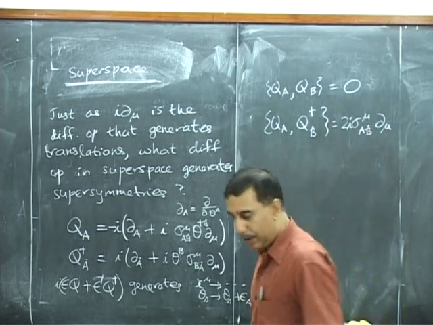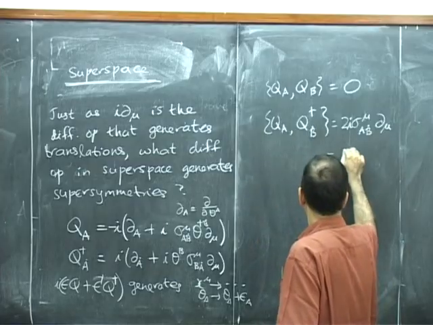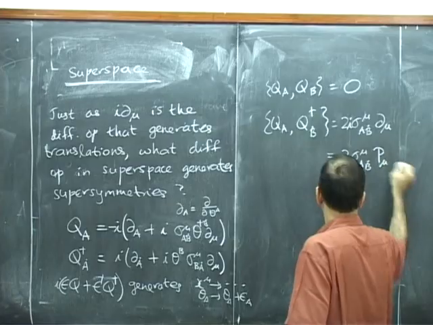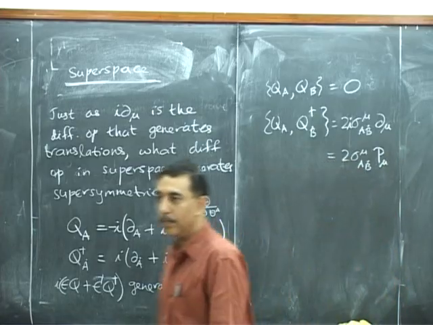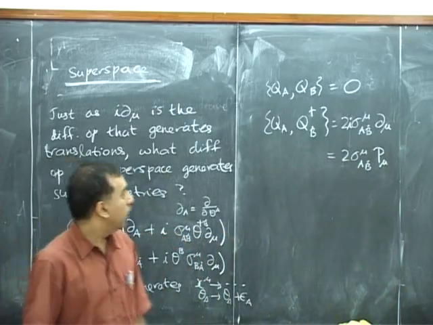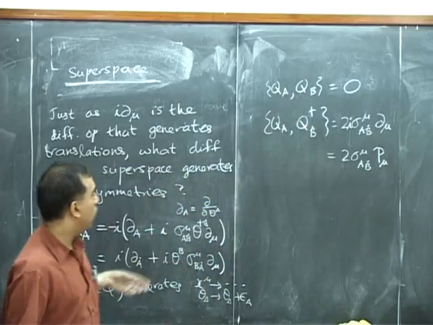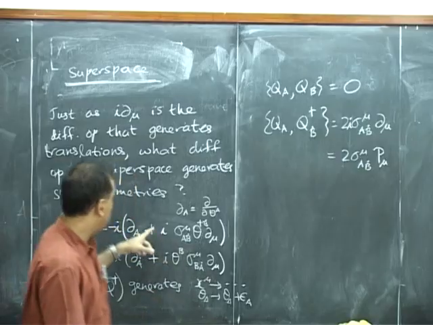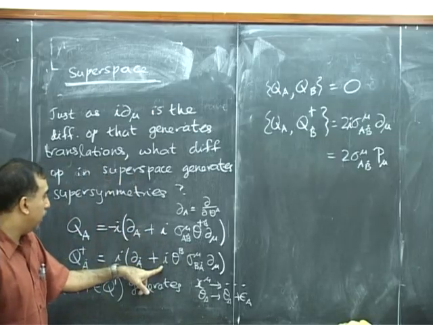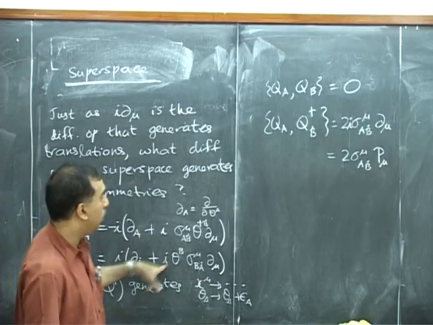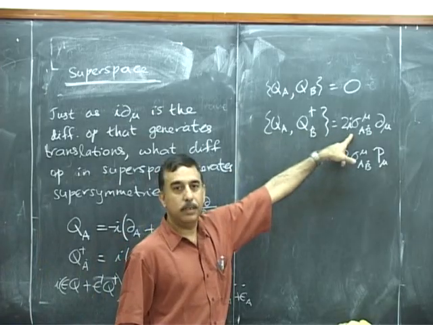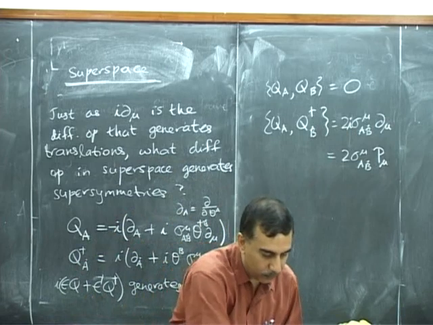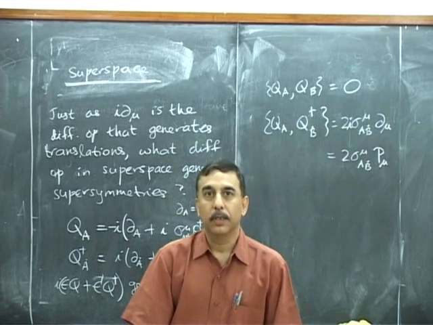And as an operator, it is 2 sigma mu A B dot P_mu. And then of course this equation has its dotted counterpart, Q dot also anti-commuting with itself. So I urge you to carry out this calculation of anti-commuting Q_A with Q dagger A dot in this way, and seeing that you get this with the right mathematical signs.